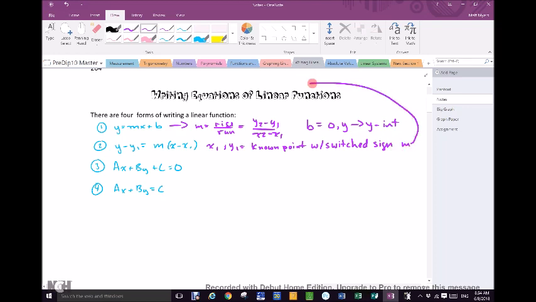And m above. ax plus by equals c. A, B, C must be: A must be natural. B and C must be integers. And here, c above.